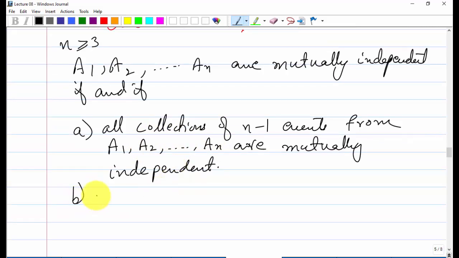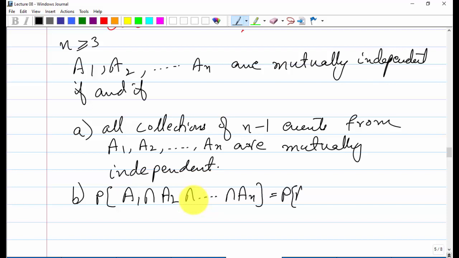And the second, the probability of the intersection of the n events should be the product of their individual probabilities. So here we can see that as the number of events increases for checking the independence, it becomes very cumbersome to find out these numbers.